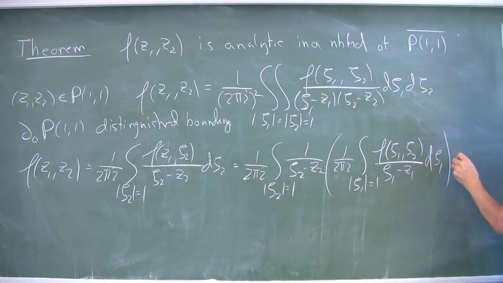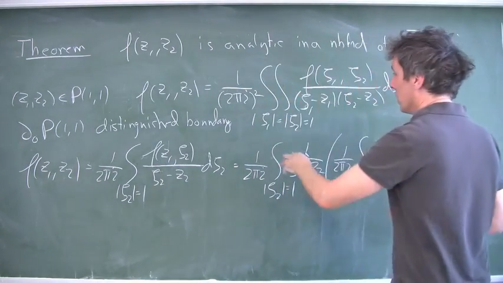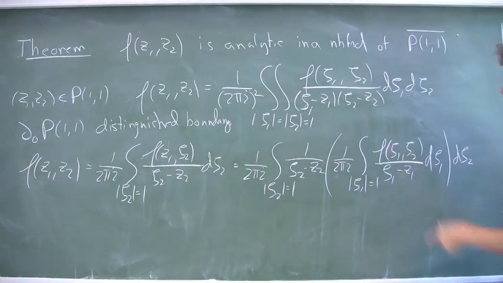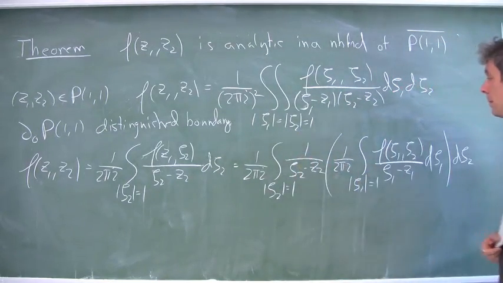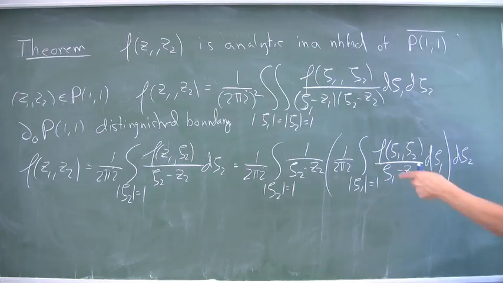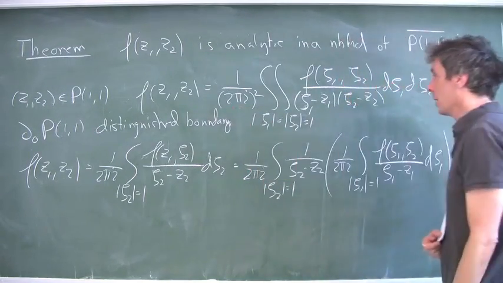And then after all, we have this integration with respect to zeta 2. And if you now just collect all the terms, put them together, you get exactly this formula. So this is the Cauchy integral formula in two variables.